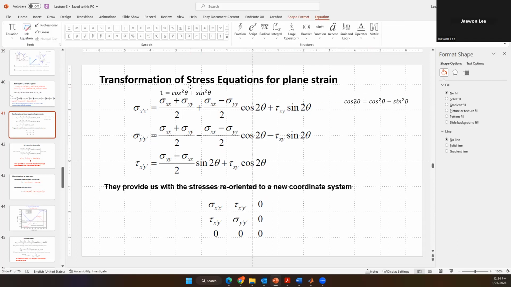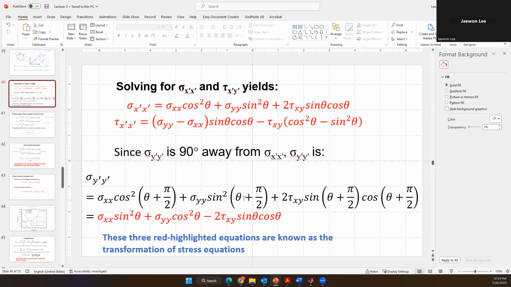So here is this relation and here is this relation. If we use this relation, we can obtain the same equations from this case.